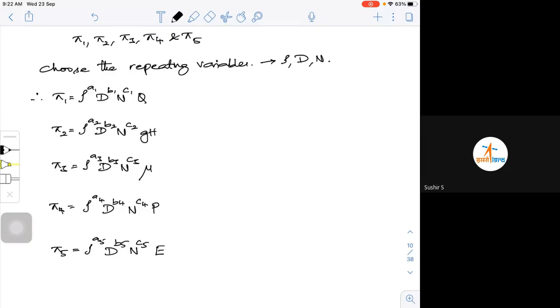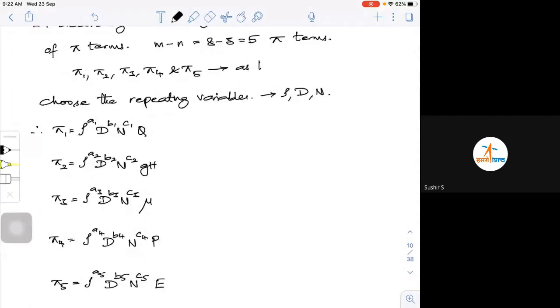Now, as per your syllabus, we are not supposed to derive this, because you already know how to derive these pi 1, pi 2 terms based on the Buckingham pi theorem. So take getting these pi terms as homework. You know how to equate based on the dimensions. How to equate it?